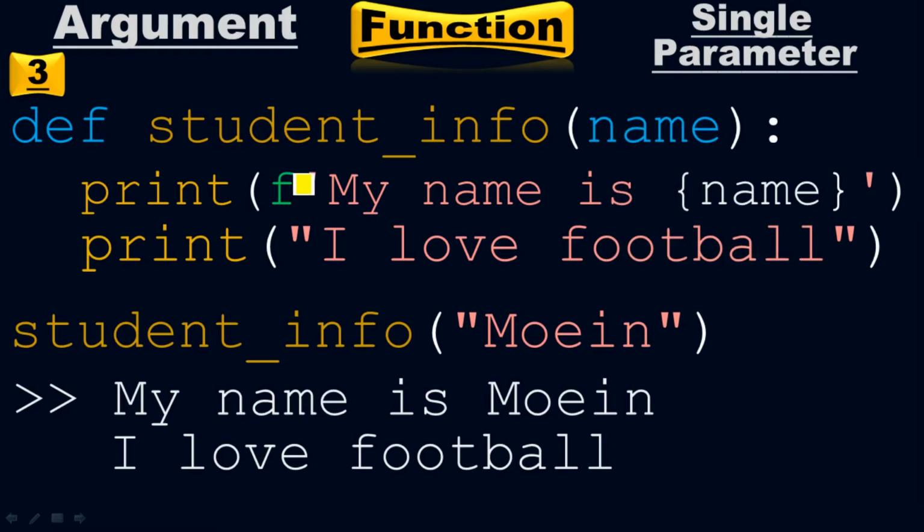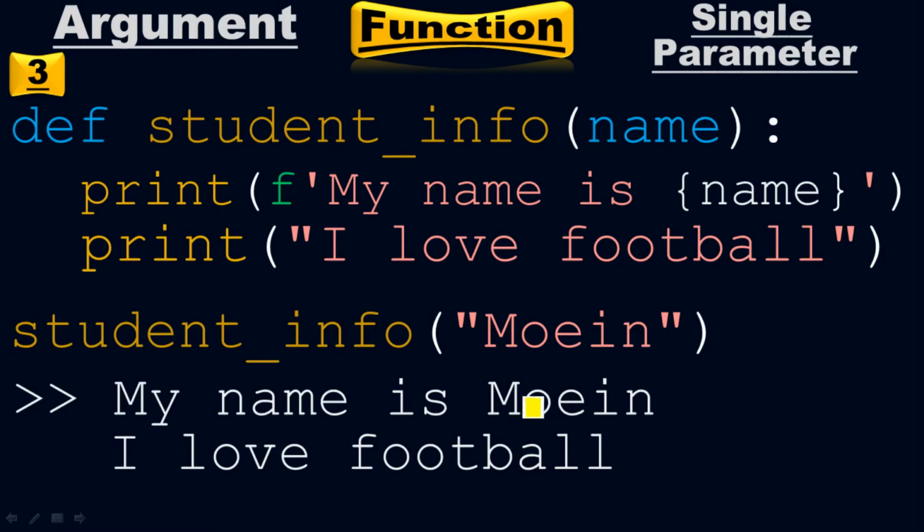For the formatted string, you have to put f and then quotes, my name is, and then space, name inside the curly brackets, and then quote. So we will have my name is Moein. For the name, we will have Moein here because Moein is the argument for the name. Make sure you put a space here.